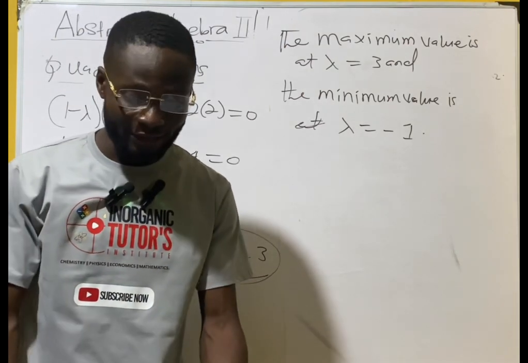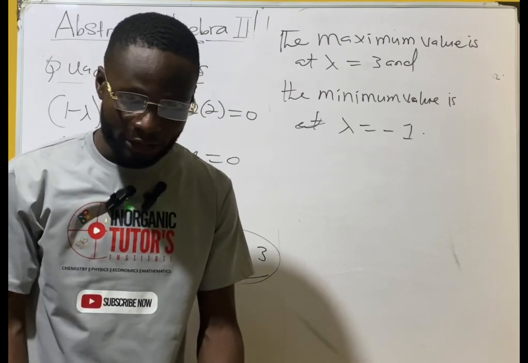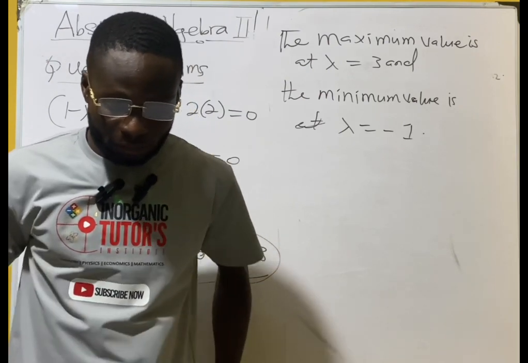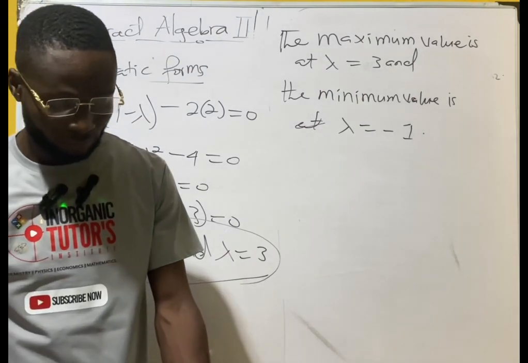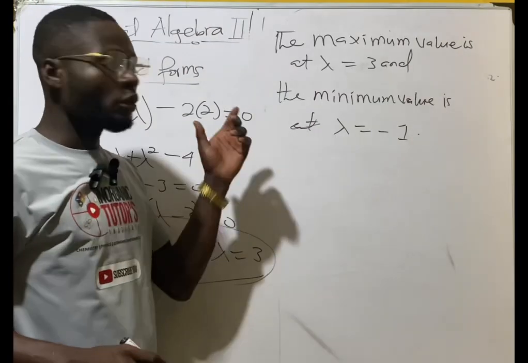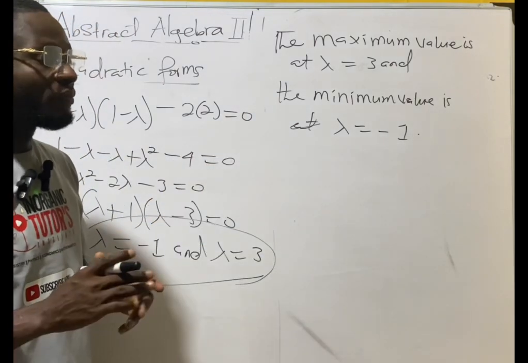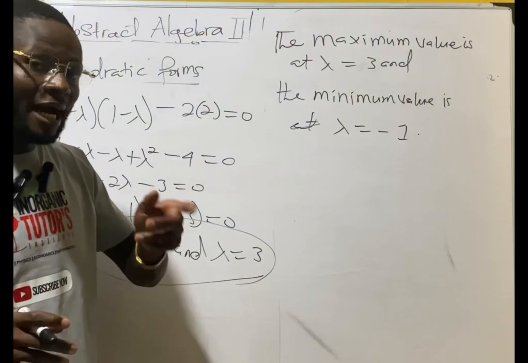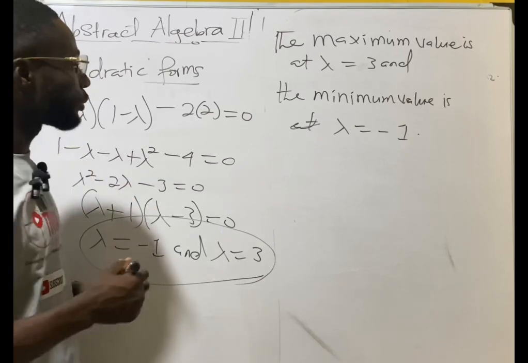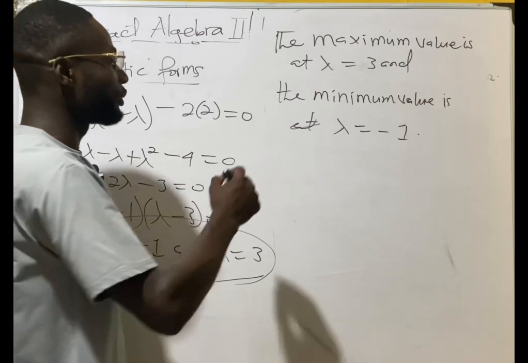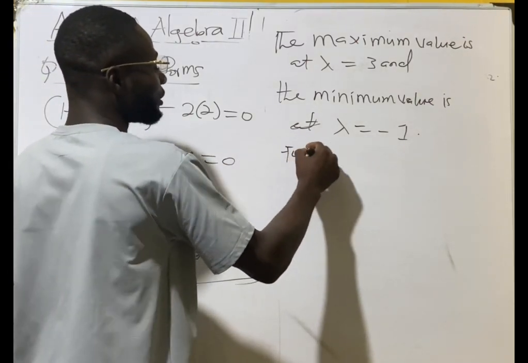Now, what is next? We want to normalize this function, right? So before we can do that, we have to find the eigenvectors. To find the eigenvectors, we take each lambda.